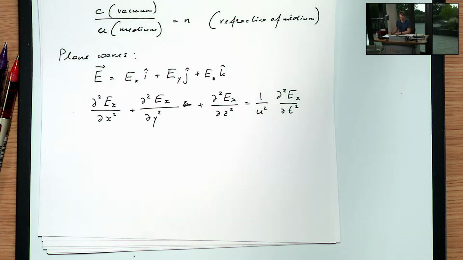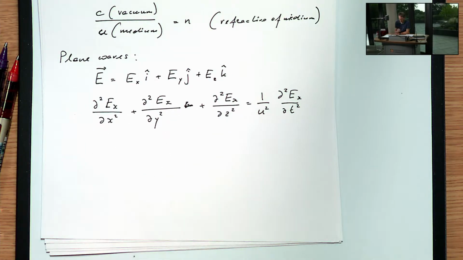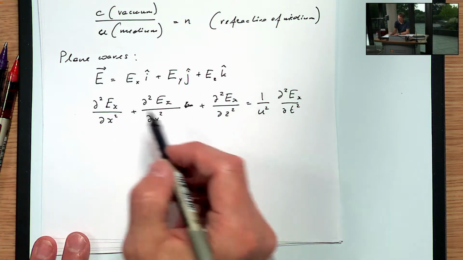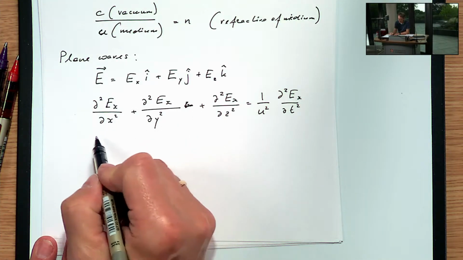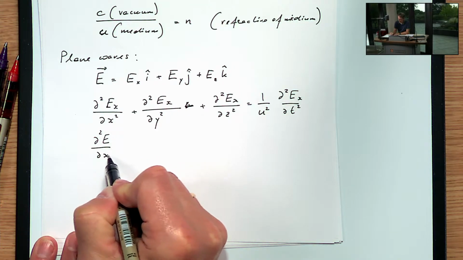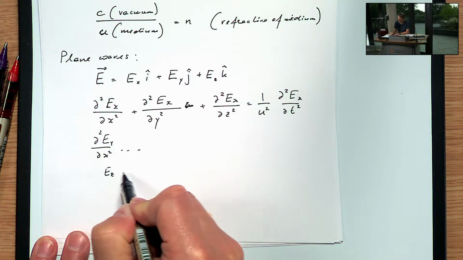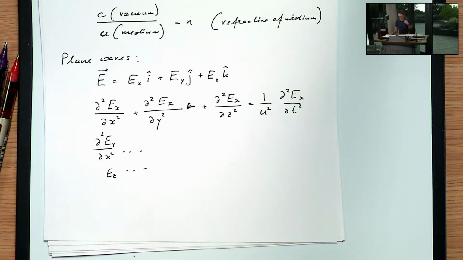The point here is that you have analogous components also for Ey and also for Ez. Same equations. You get 3 equations for all these components.